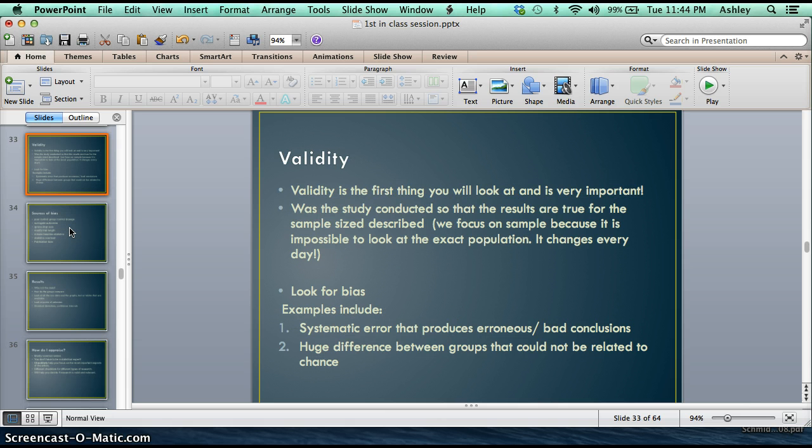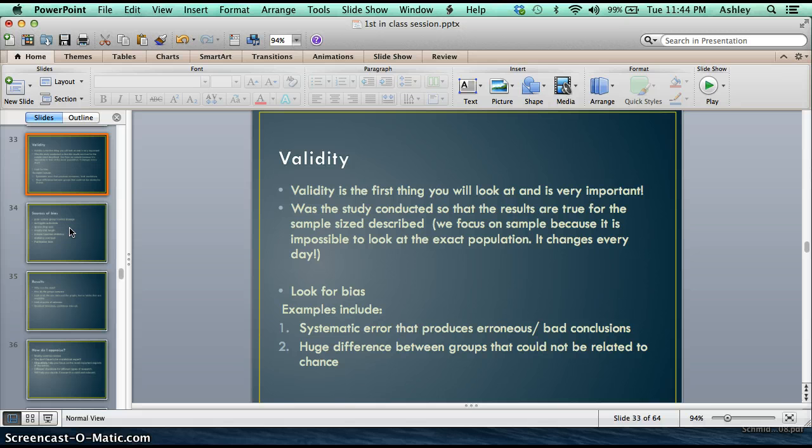So let's talk a little bit about validity. Validity is the first thing you will look at, and it's very important. You want to know, was the study conducted so that the results are true for the sample size described? And again, we focus on sample size because it's impossible to look at the exact population. It changes every day. So again, are the results true for the sample size talked about within the article?